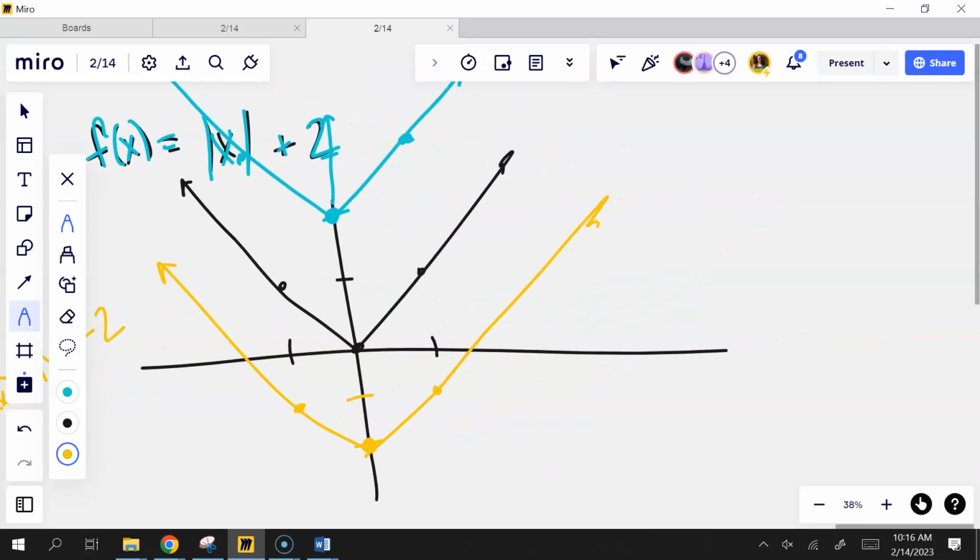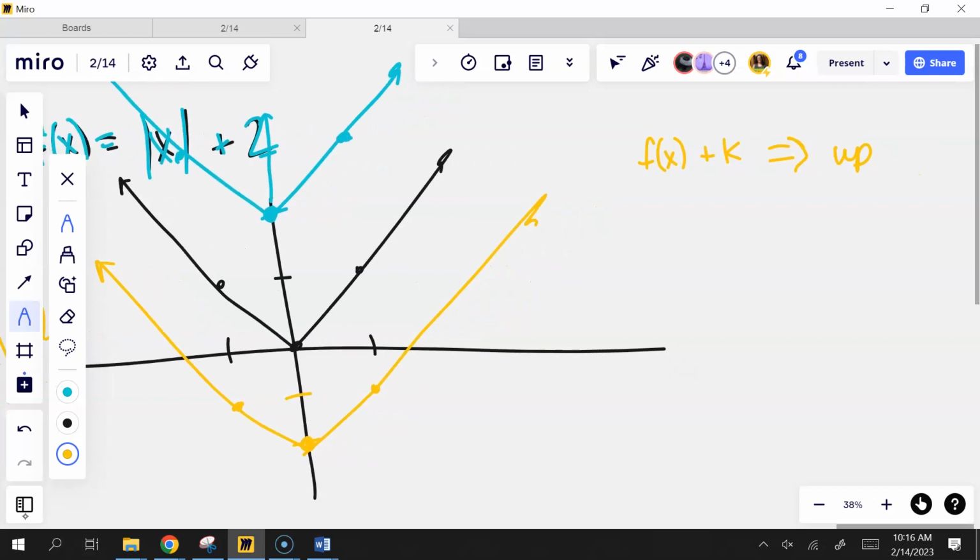If you have f of x plus k, what does that mean is happening? It goes up, okay. And if you have f of x minus k, what do you think that means? Down k. Again, on your green cheat sheet, it's the first 2 lines on there. Okay, it's only impacting the y values, not the x.